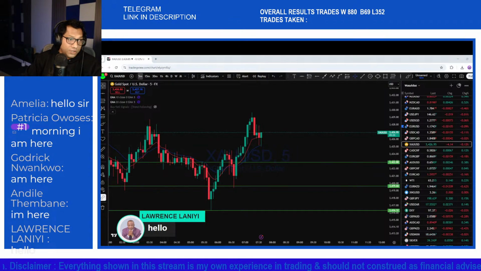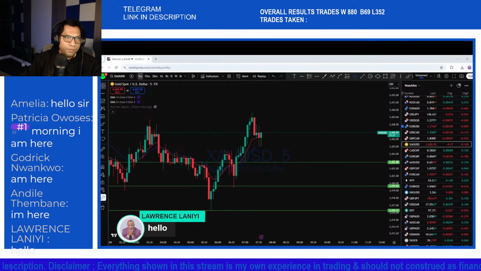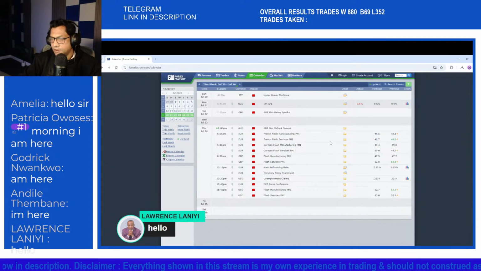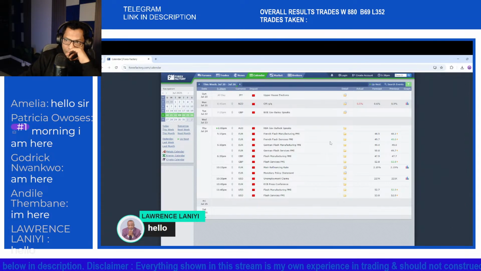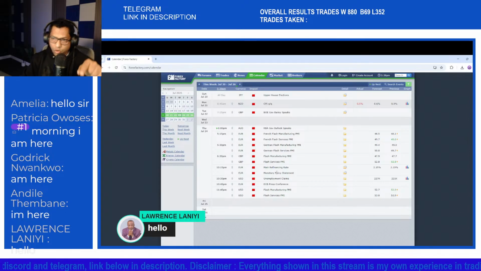Now today is Wednesday, tomorrow is Thursday. If you look at this, it is a packed day coming. So AUD coming up onward, followed by Euro, GBP, and dollar. So dollar, Euro, GBP and AUD, these are the instruments coming up tomorrow.